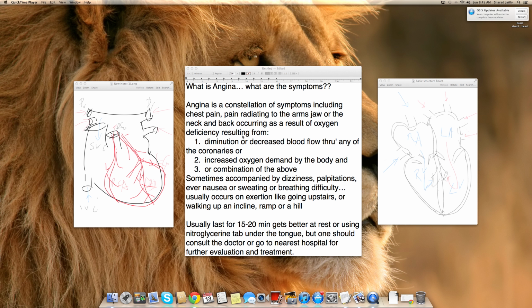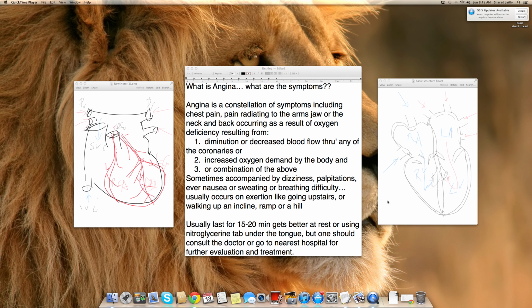And it occurs normally as a result of an oxygen imbalance. Either it's because of the lack of blood supply that's occurring within these coronaries, where there is some level of obstruction that's happening here along the coronary tract, or it's because of the increased demand by the heart per se or by the body.